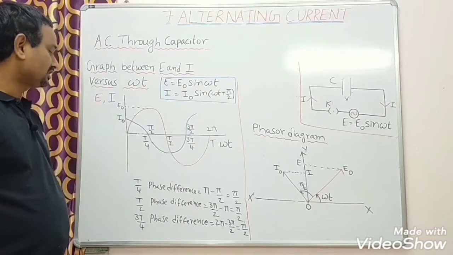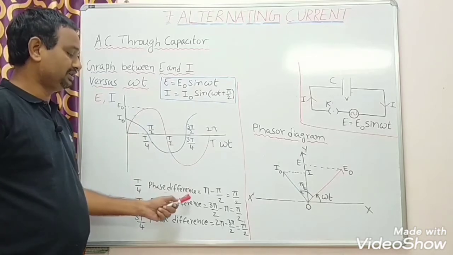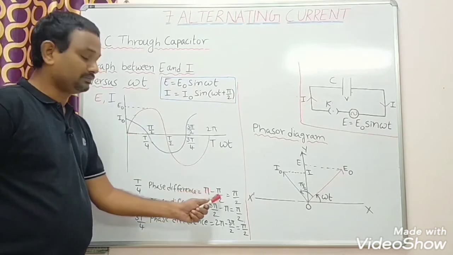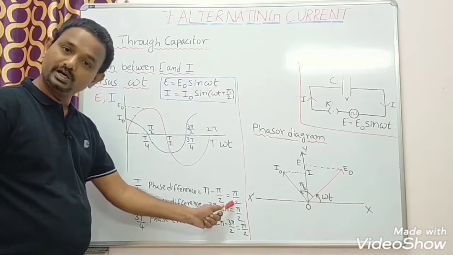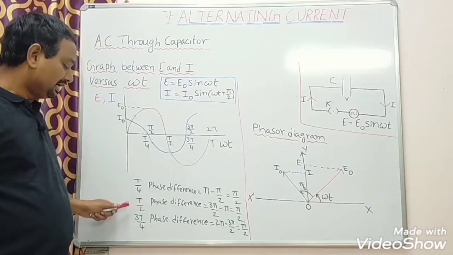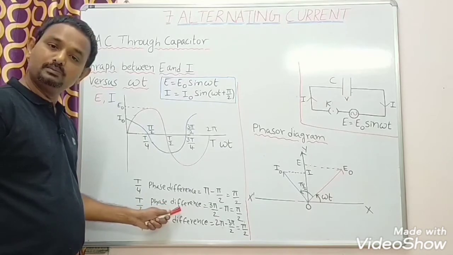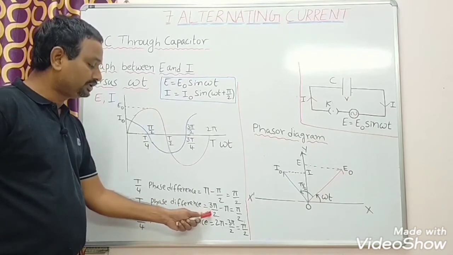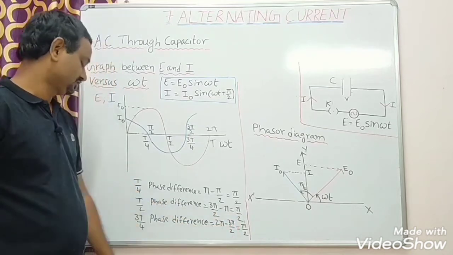Here, if you observe the phase difference at time t by 4, the phase difference between current and EMF is pi minus pi by 2, that equals pi by 2. In time interval t by 2, the phase difference between current and EMF is 3 pi by 2 minus pi, that equals pi by 2.